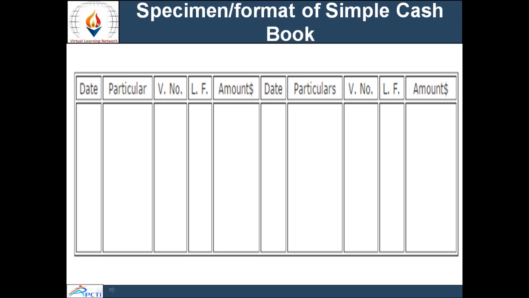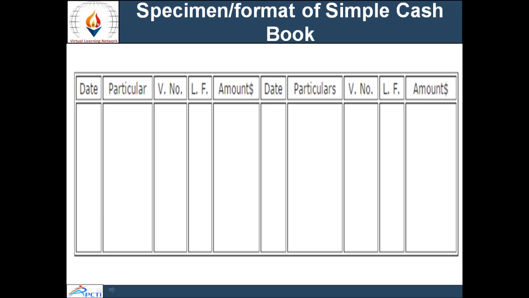It is so because cash transactions are not recorded in any journal. Number 4 is amount. The amount of the transaction is recorded in this column. The amount of cash received is recorded on the debit side in the amount column, and the amount of cash paid is recorded on the credit side in the column.